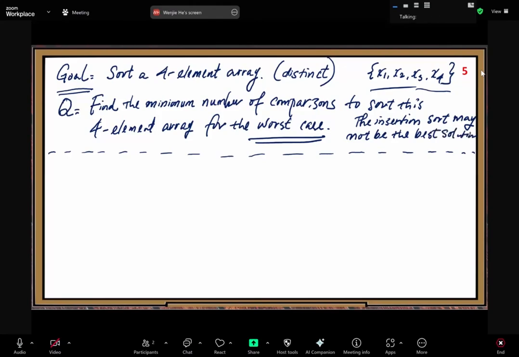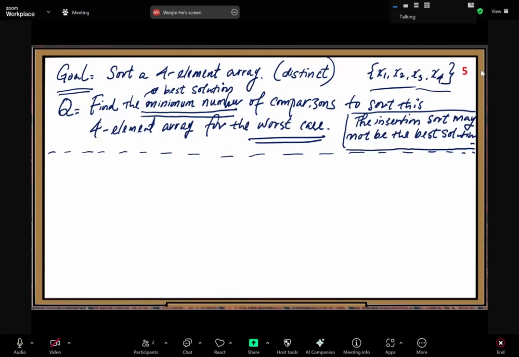Insertion sort is a solution that sorts an array. But here, our goal is to find the best solution. That's the main difference.